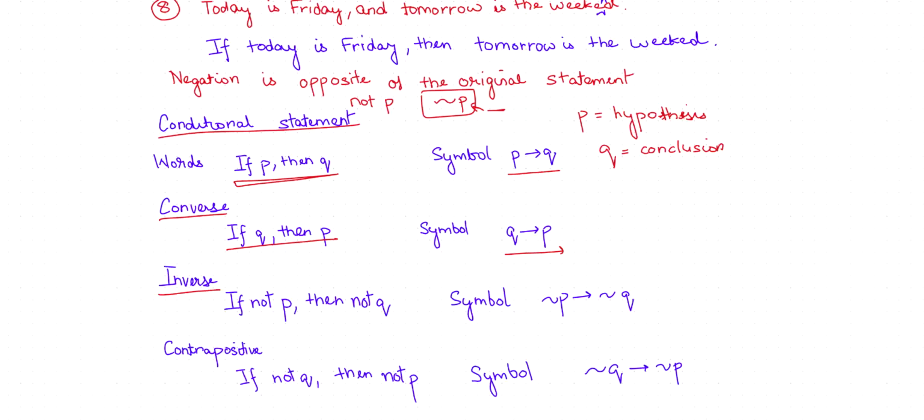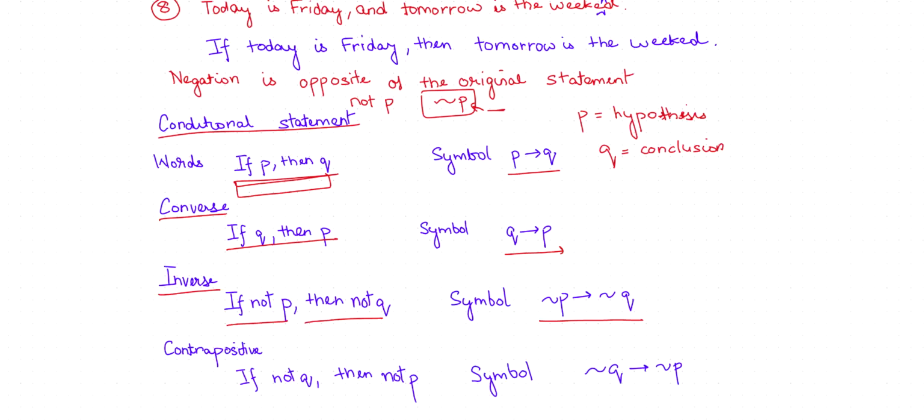So this was our conditional statement: if P, then Q. In the inverse, we negate that. So if not P, then not Q. And this is the symbol: if not P, then not Q.